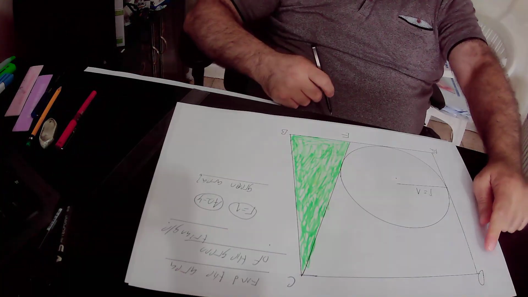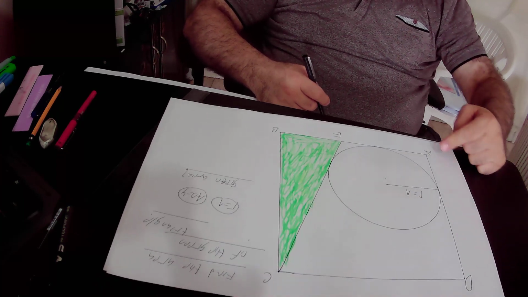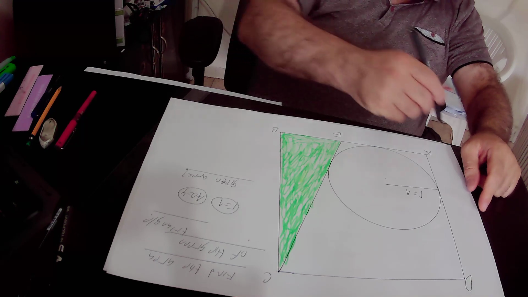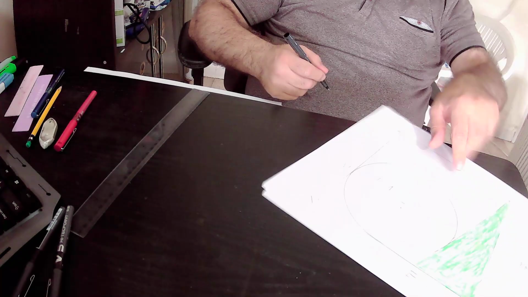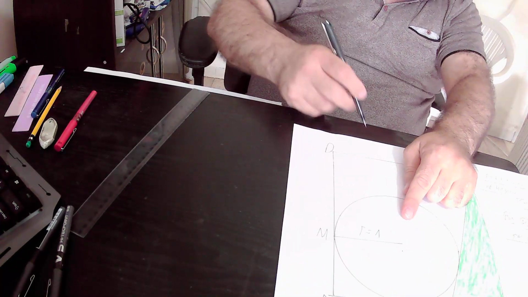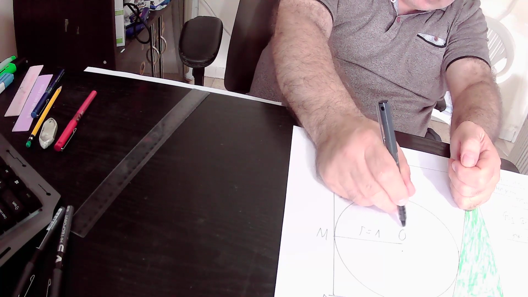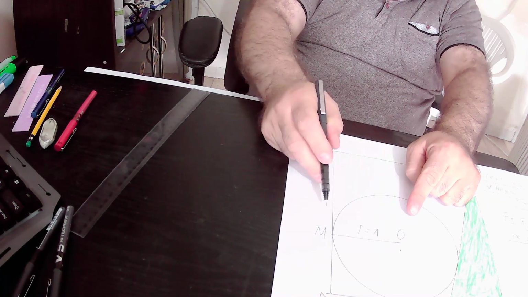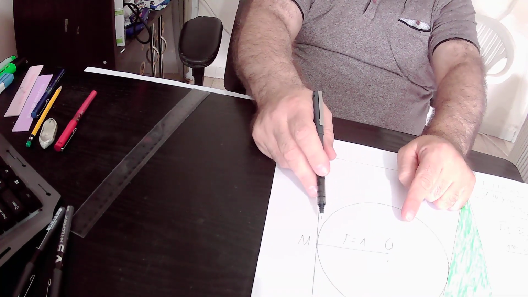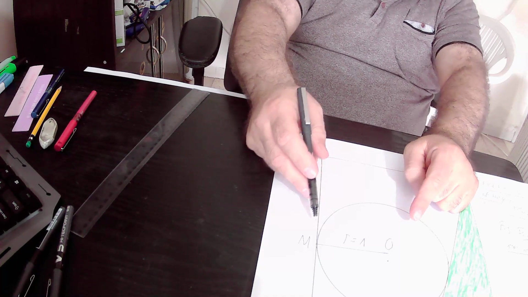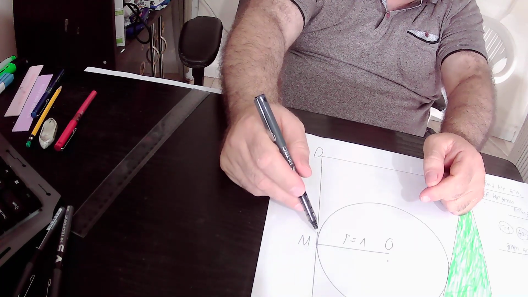We will define the point of tangency of this tangent AD with this circle as point M. We define the center of this circle as point O. So the radius OM is drawn to the point of tangency, that is to say, to point M, the point of tangency of tangent DA with this circle.